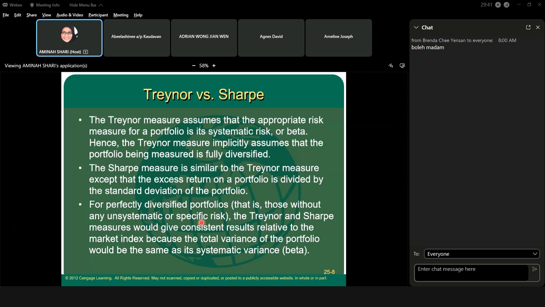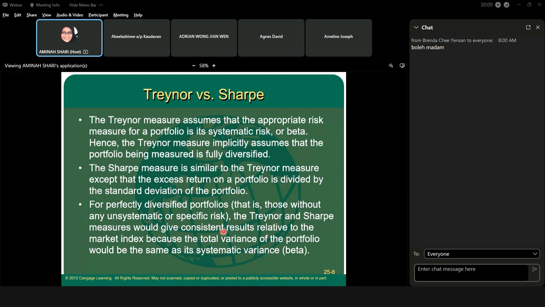Okay, apa yang berlaku, conflicting result tu bermaksud bila ada fully diversified and also poorly diversified. What happened to the Treynor and Sharpe? Okay, adakah dia memberikan consistent result or not? Okay, for perfectly diversified, okay, maksudnya Sharpe and Treynor would give a consistent result.